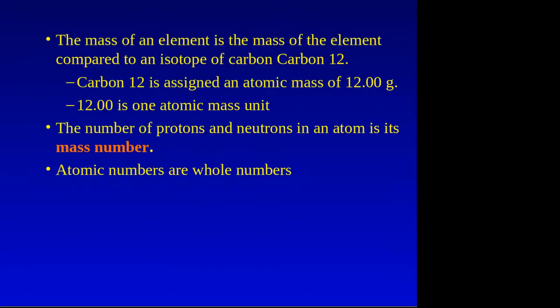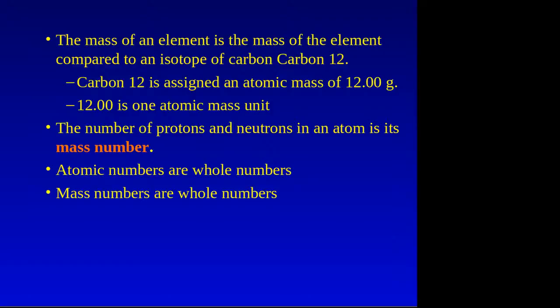So if I come back here, I'm trying to pull this up. Well, it's not showing on there. Let's see. We've got our whole number. Sorry, I switched off to get my periodic table off. Atomic numbers are whole numbers.